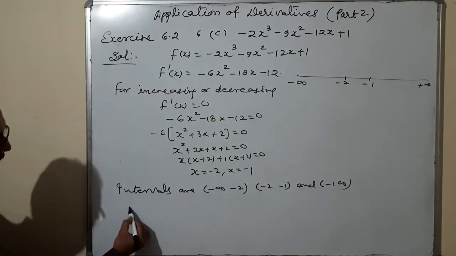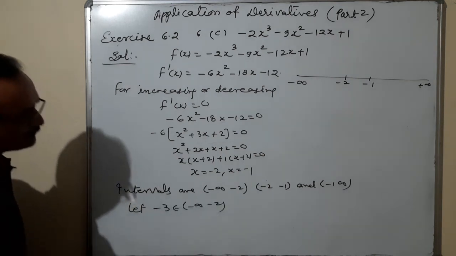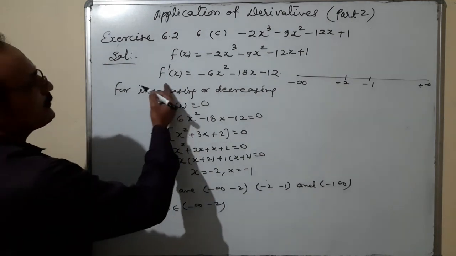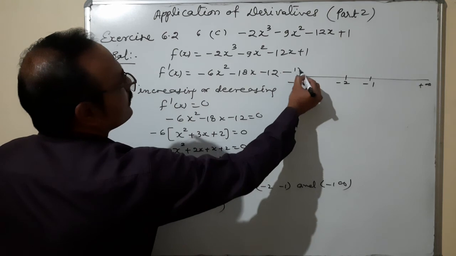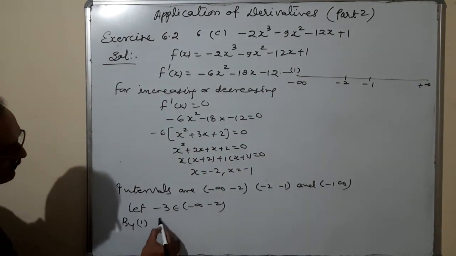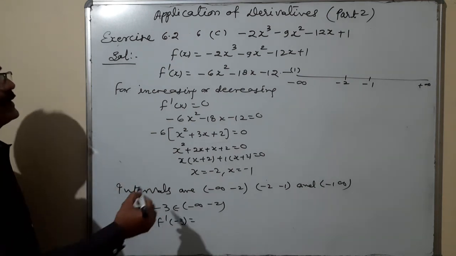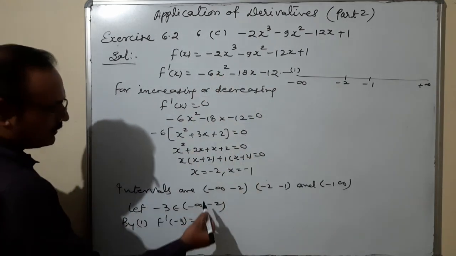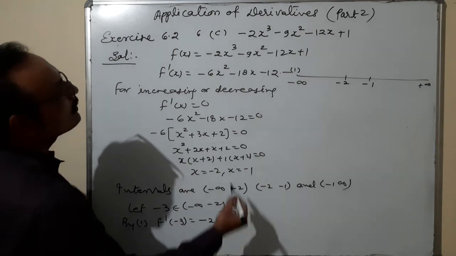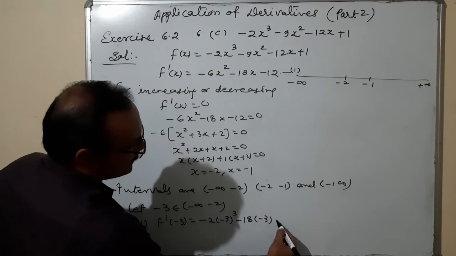I am taking minus 3, which belongs to minus infinite to minus 2. And this minus 3 we want to put into f dash x. Okay. So f dash minus 3 is equal to, in place of x, I put minus 3: minus 6 into minus 3 whole square, minus 18 into minus 3, minus 12.